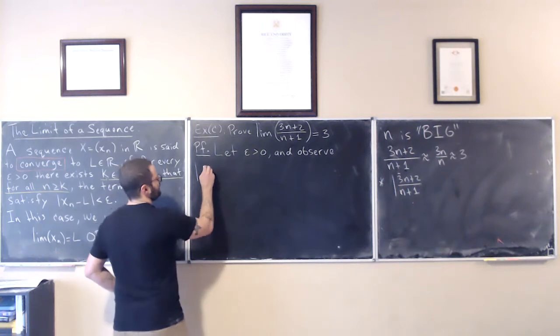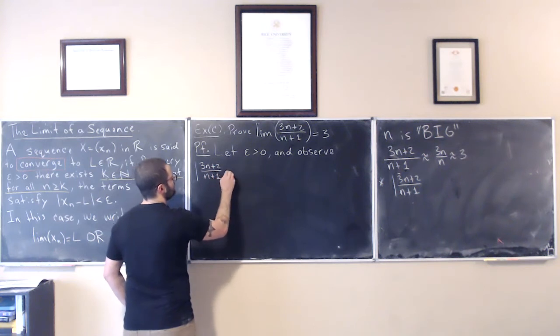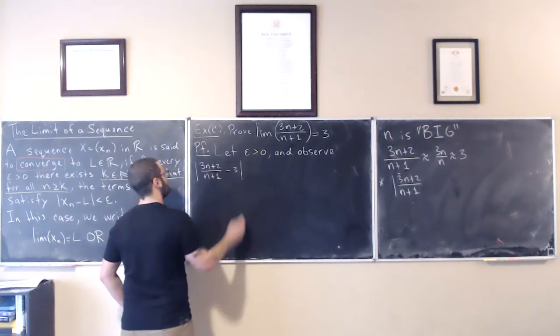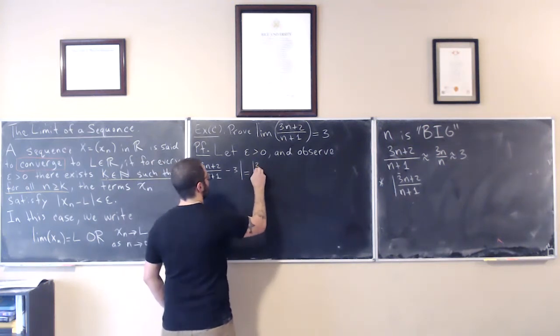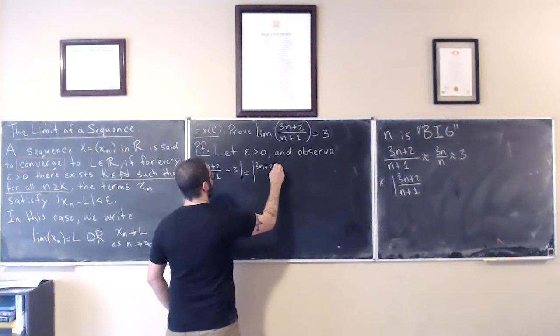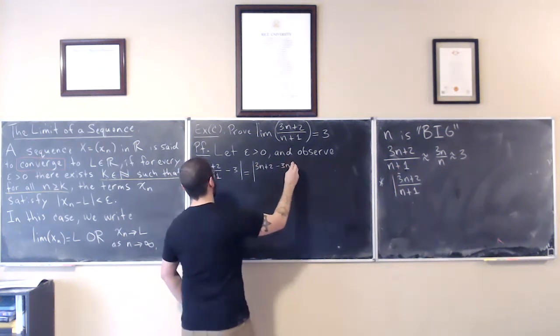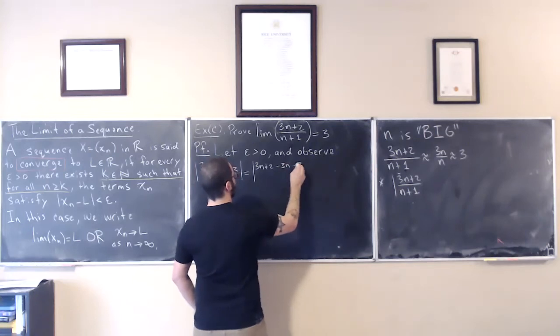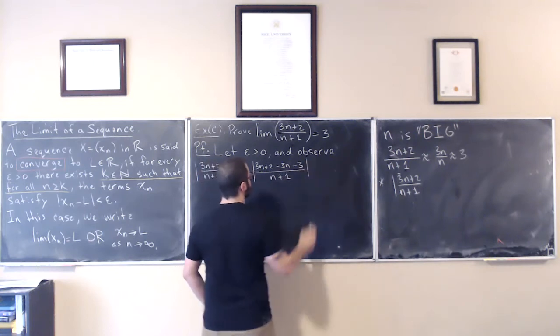that the absolute value of 3n plus 2 over n plus 1 minus the limit is equal to 3n plus 2 minus 3n minus 3 over n plus 1.